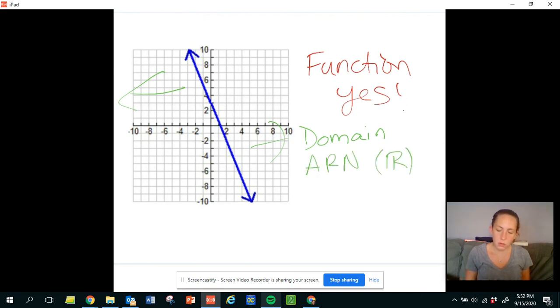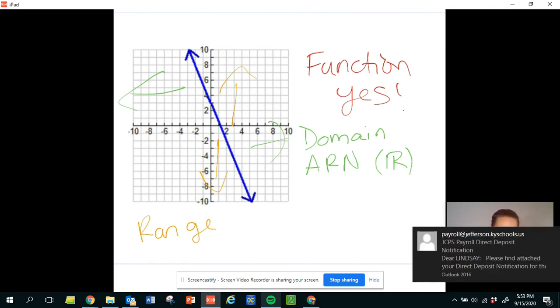You do not have to do both. You can just put one or the other. For range, I have to think of it from low to high. So how low does it go to how high does it go? Well, it's going forever in both directions.